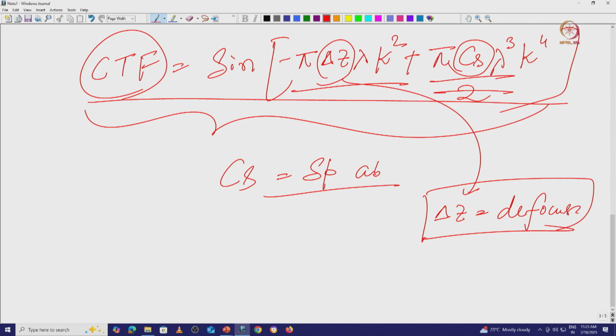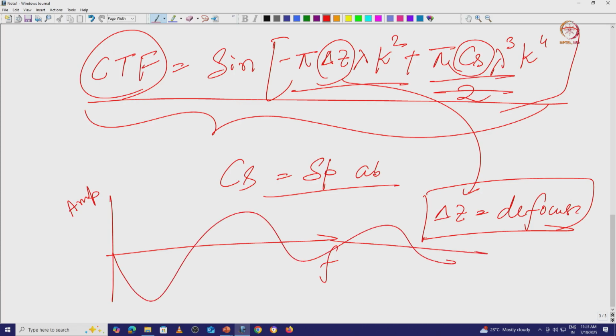So we are basically plotting that amplitude squared, and this amplitude squared is going to affect when the multiple waves are scattered with each other, and then there will be some cases where some information will be represented in a negative direction. If we just consider, this is the amplitude and this is the frequency. So some amplitude is represented in a negative direction, some will be in a positive.